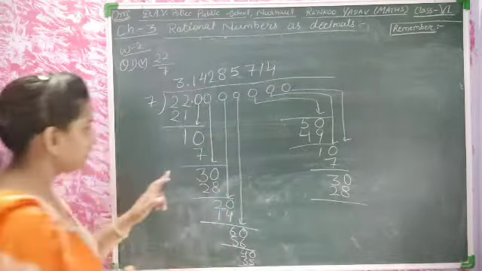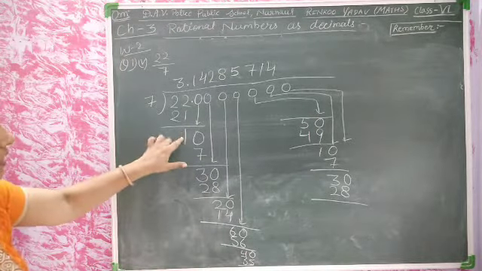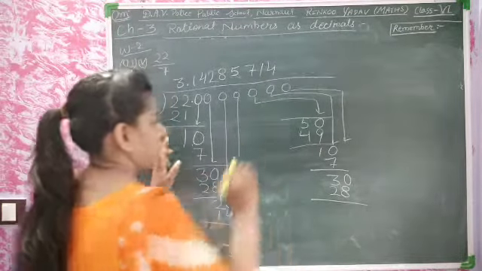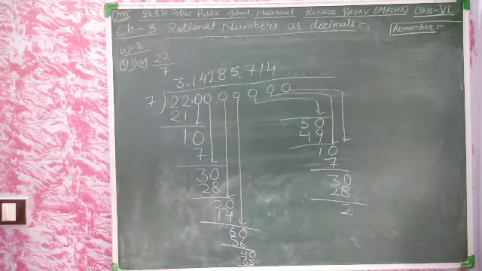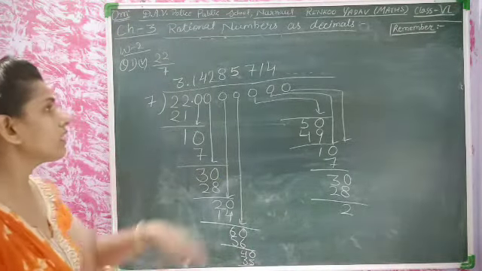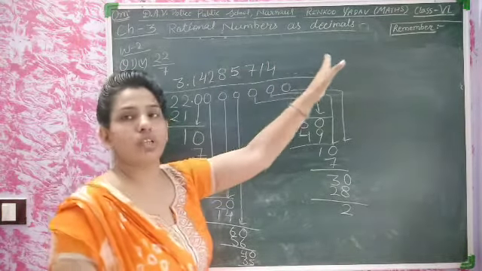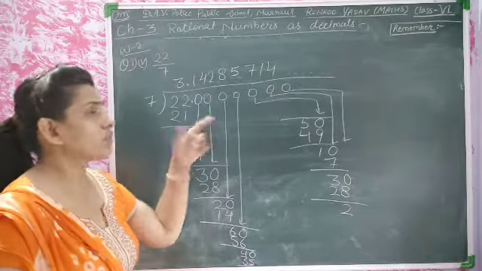Let's see here that this process remains again and again from there. Yes, 1 4 is repeating here. Yes, students, you are seeing here. Now you will observe here that there is the number 1 4 2 8 5 7 1 4. Again and again it's repeating here. It means this is not terminating.